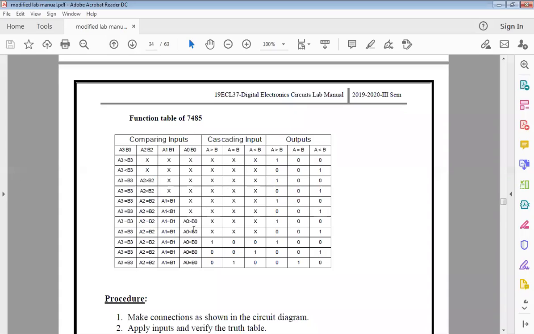Now, the important thing that we have to see here is, let us take one case. In this case, it will try to compare. Just assume that it is like this: A3, then A2, then A1, and then A0.